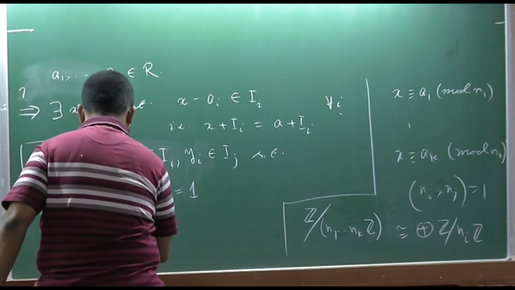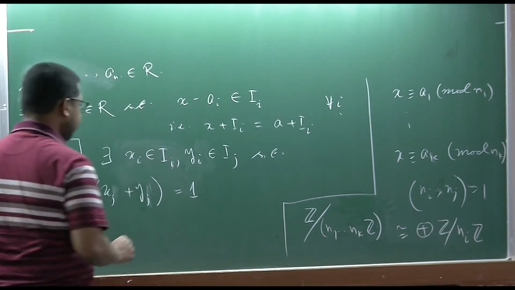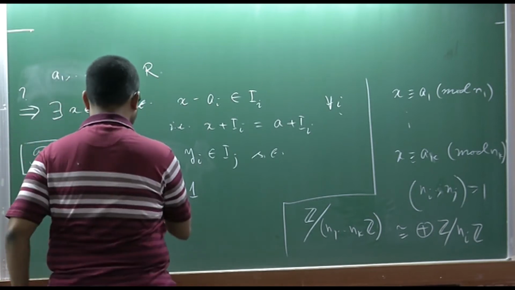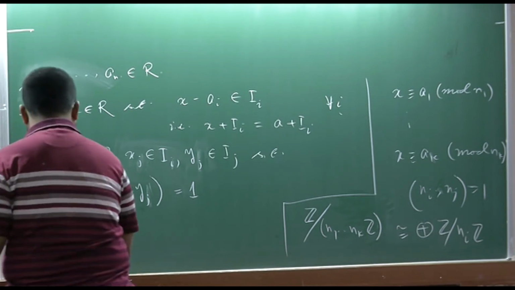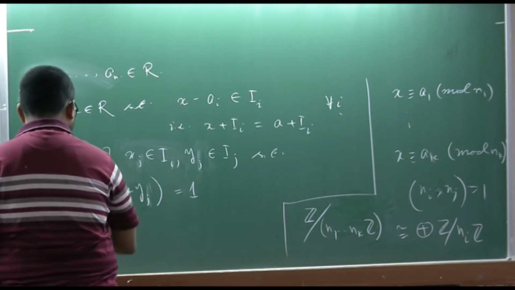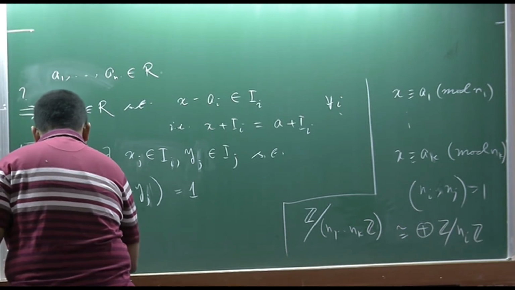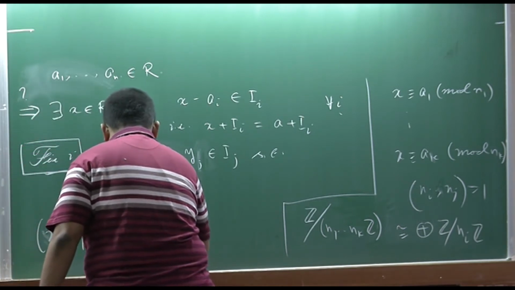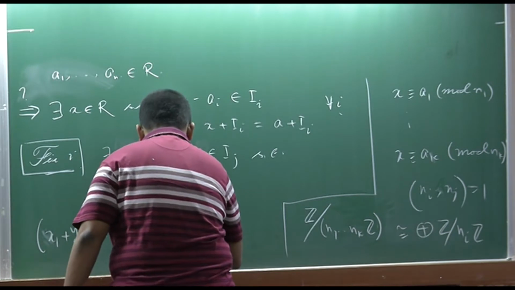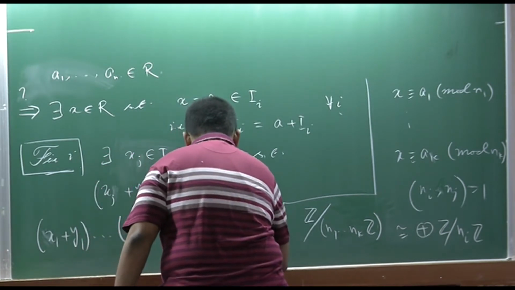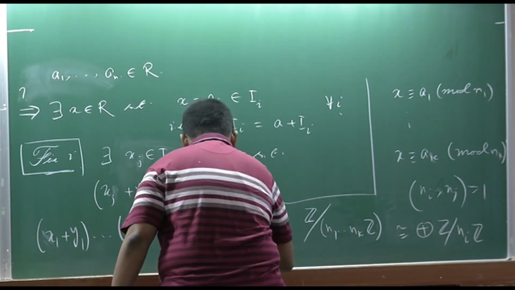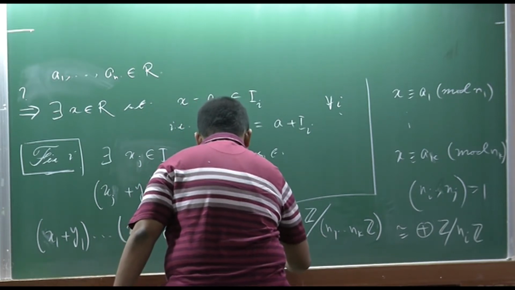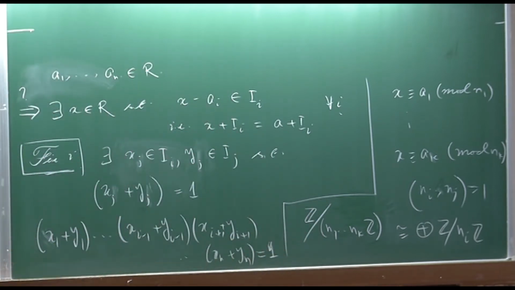I think a better way is to index it by j. So, for a fixed i, for each j this is what we have, therefore the product of the (xj plus yj) must be 1, because this is the product of ones.